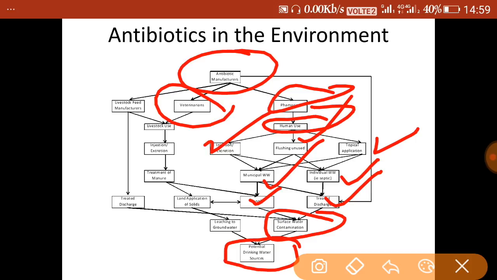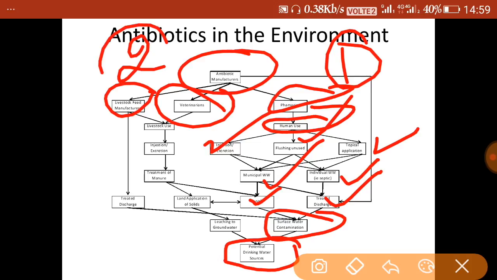These finally go to the surface water contamination, and finally they leach down to potential drinking water sources.